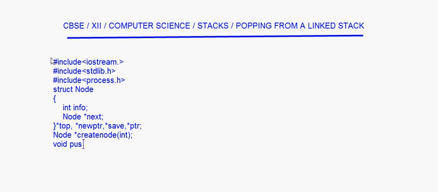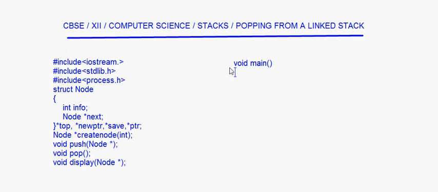And then you have void push. Inside this you pass a node pointer, right? And void pop doesn't need any parameters, right? And then void display, and void display again you pass a node pointer, that is the address of the top, right?